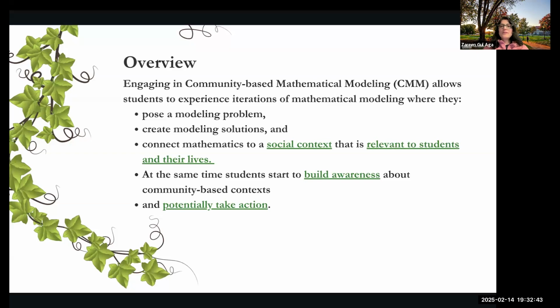The goal of community-based math modeling is to help students develop awareness about their communities, about the systems within which they're embedded, to use mathematics to ask and then answer questions, and potentially use mathematics to take action, not only to improve their lives, but also to improve their communities.